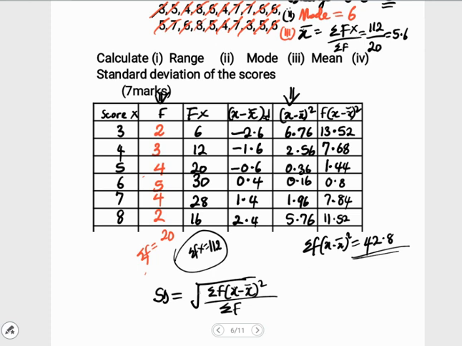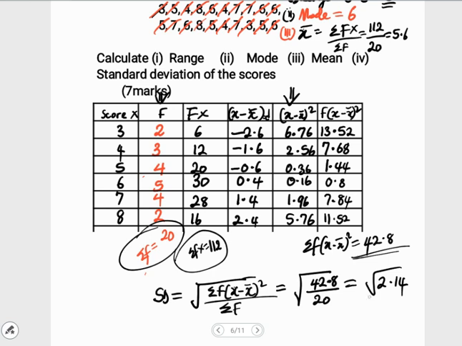So the standard deviation is equal to the square root of summation f into x minus x bar square over summation f, which is equal to 42.8 divided by summation f, here given as 20. So when we divide this, we're going to have the root of 42.8 divided by 20, and this will give us 2.14.